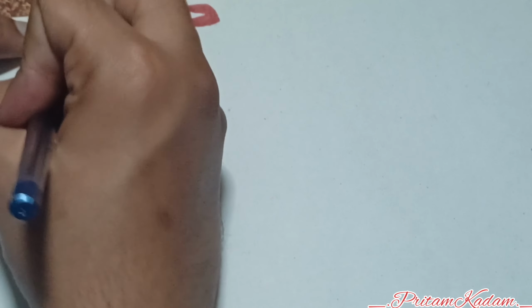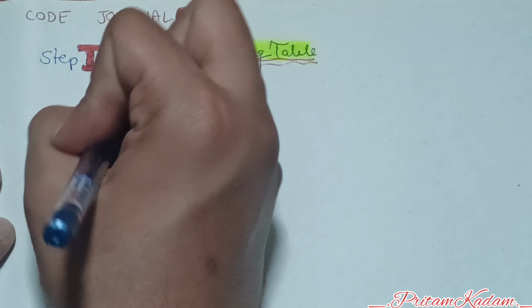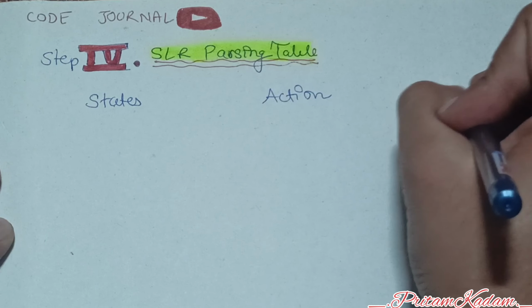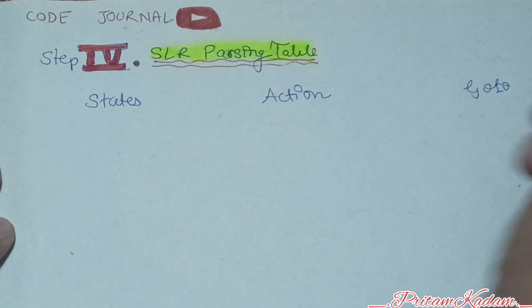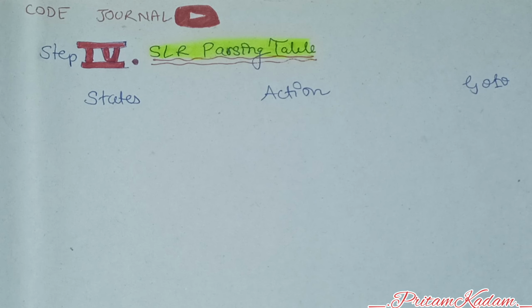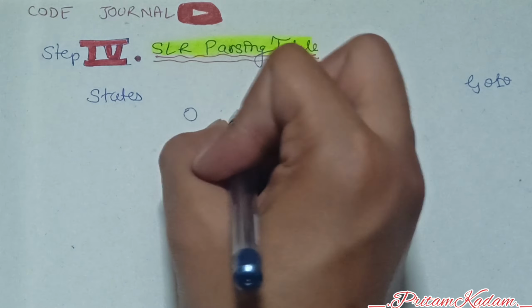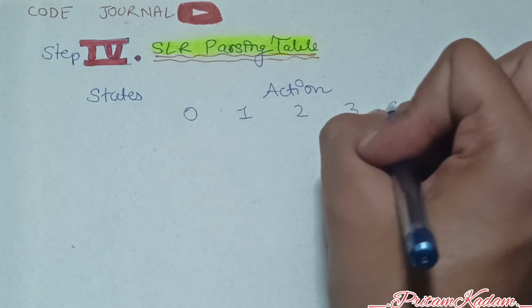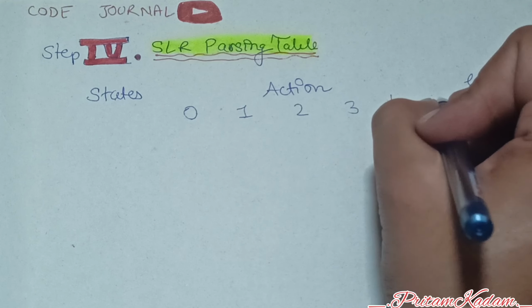Now we will proceed ahead and write the parse table. Okay, so step 4, SLR parsing table. Okay, we will first of all have the states, then the action part, and then goto. Okay, and then as we have terminals under action, we will write 0, 1, 2, 3, and the dollar part, as we will write the accept part under this.